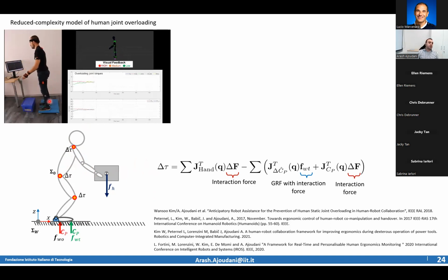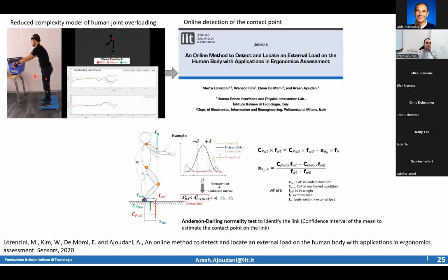Here, my colleague Luca is picking up an 8 kilogram object, and you will see that this object has a loading effect on the person, and by knowing that, you can know how to behave in a way that will help the person.